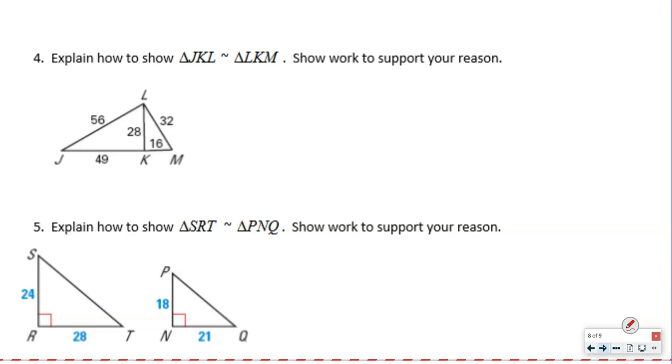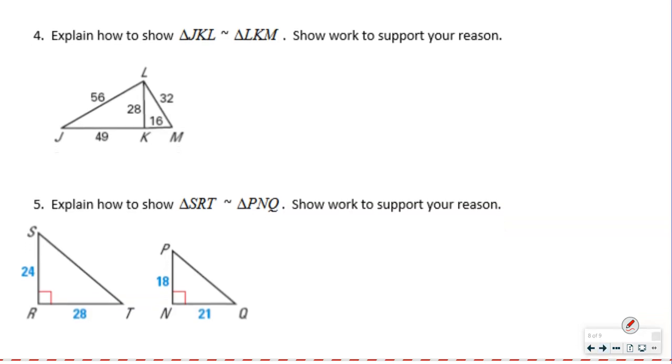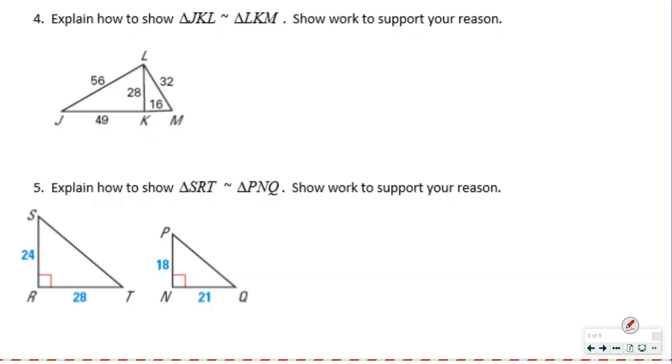Last two examples: explain how to show JKL is similar to LKM and show our work to support our reason. So we've got JKL, our triangle on the left, and LKM, the triangle on the right. So we want to show that they are similar. Good idea to draw them out or separate them. Maybe it'll just be easier to see everything.